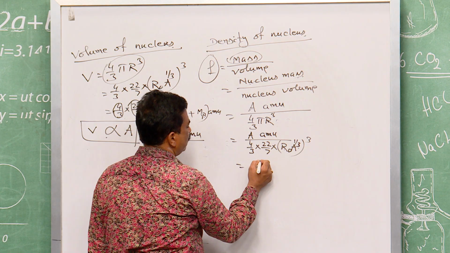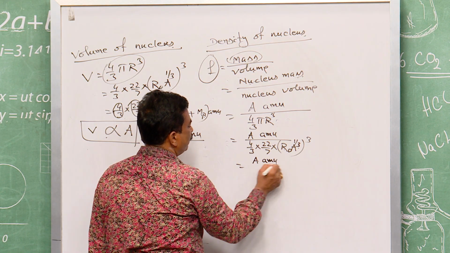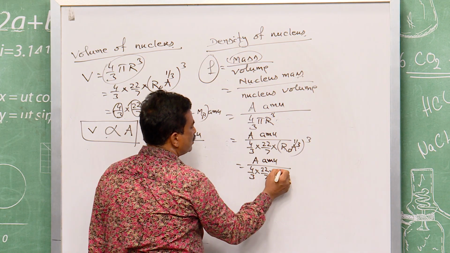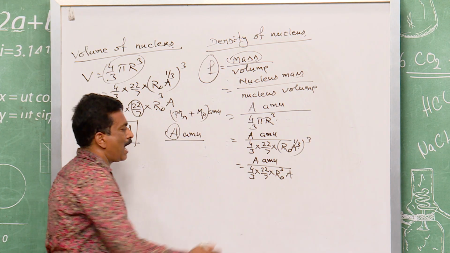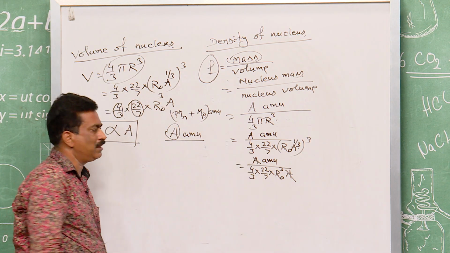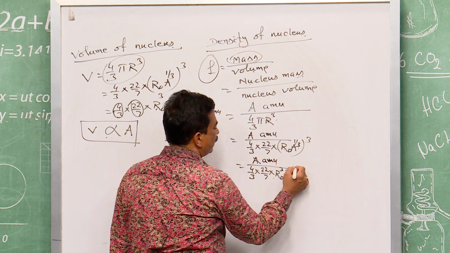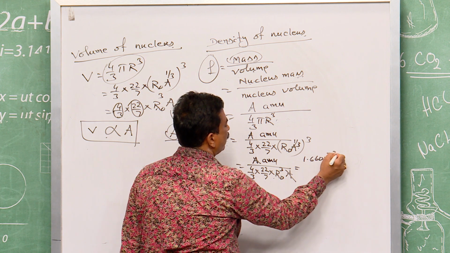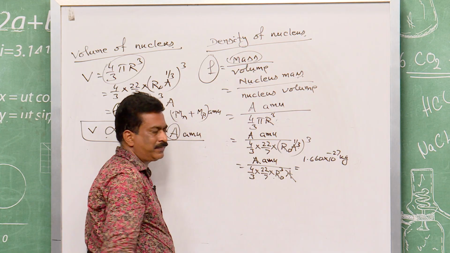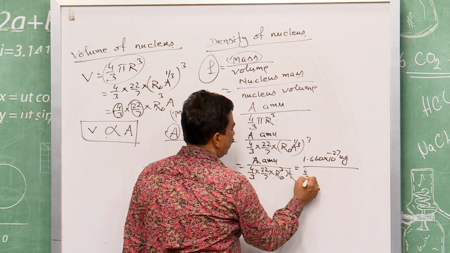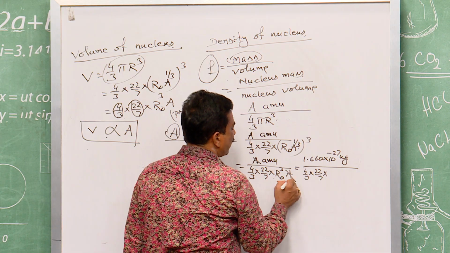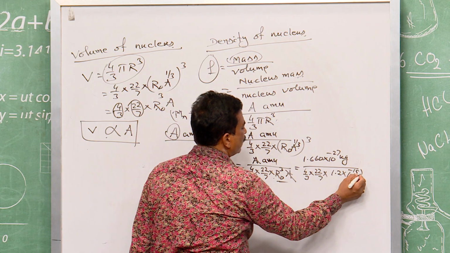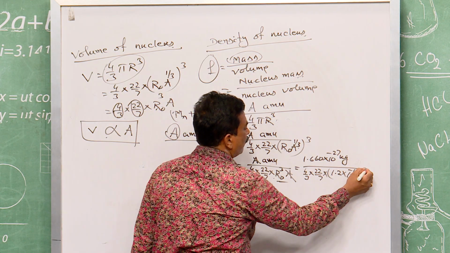So that is equal to A mu by 4 by 3, 22 by 7, r0 cube A, and this A with that A cancels. So 1 A mu is equal to 1.660 into 10 to the power of minus 27 kg, divided by 4 by 3, 22 by 7, r0 cube, where r0 is 1.2 into 10 to the power of minus 15 meter, that is cube.